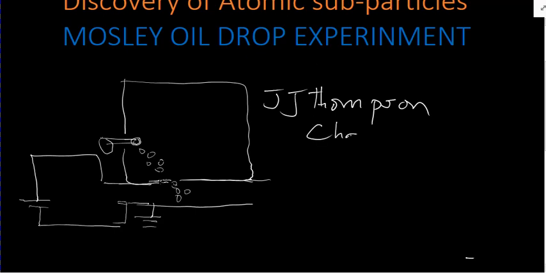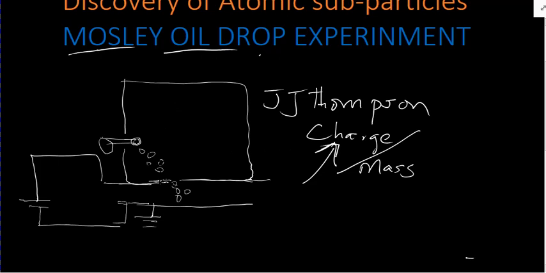His experiment only calculated the charge to mass ratio. So in an attempt to get the actual charge of the electron, which we know is negatively charged, another experiment was conducted, and this experiment is the oil drop experiment.